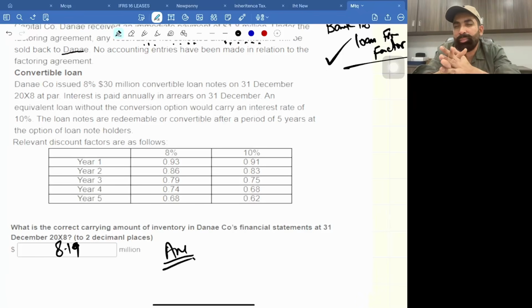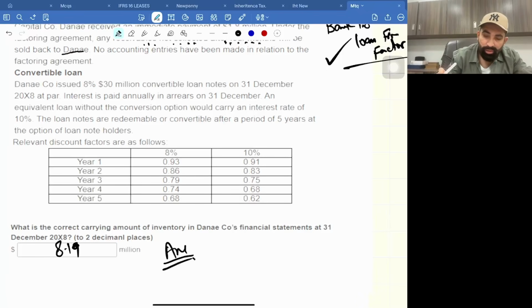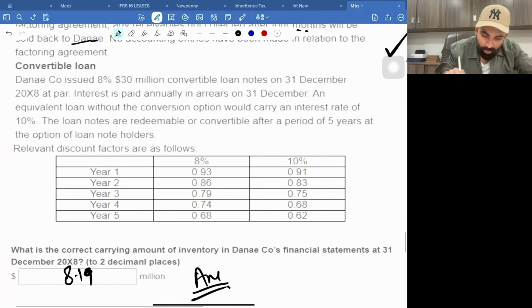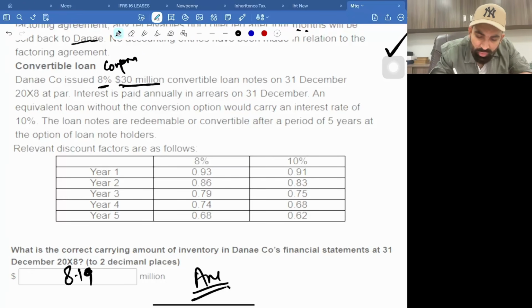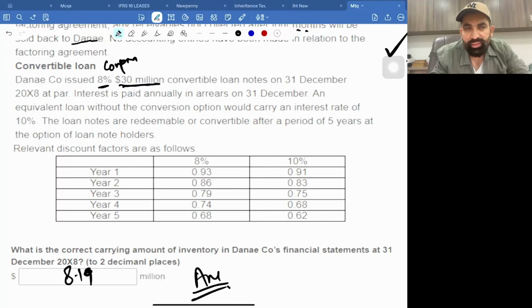Very easy. Convertible loan notes. Debt and equity. So D company issued 8%, 30 million. This is the principal receipt, and this 8% is the coupon rate. So can you calculate the fixed interest? Yes. Face value into coupon rate. So 30 multiplied by 8% is 2.4.